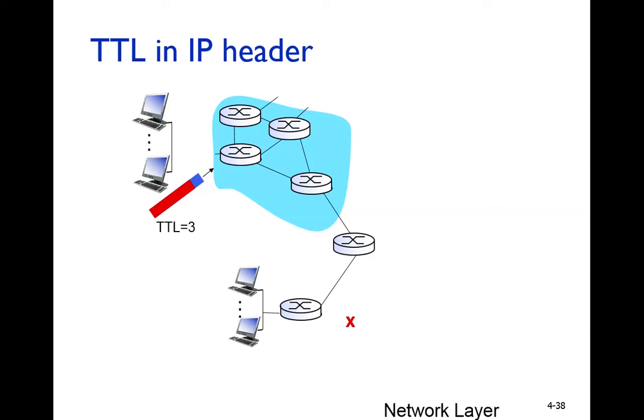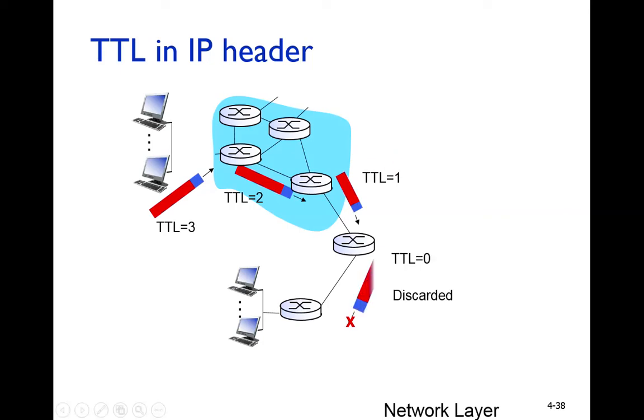When this packet is received by this router, it is forwarded, but before forwarding the TTL value is decremented, so it will become 2. Similarly, when this router forwards the packet, it will also decrement the TTL by 1, so it will become 1.